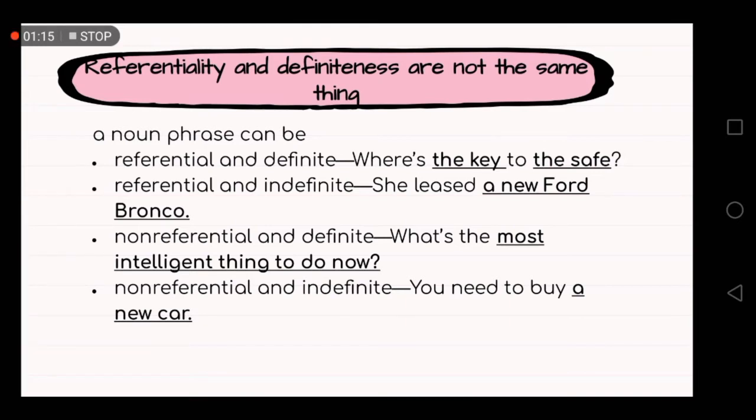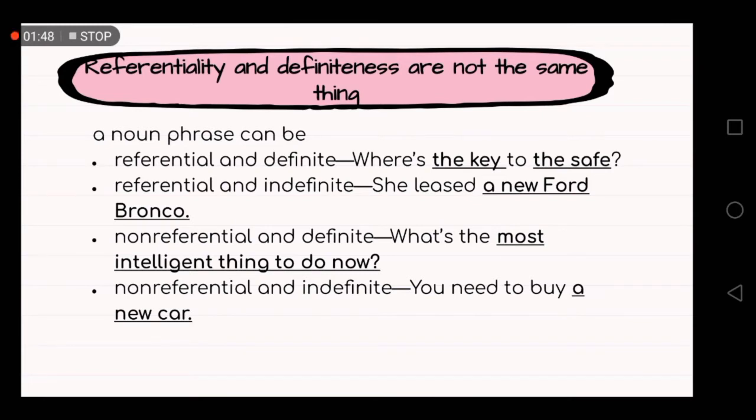Referentiality and definiteness are not the same thing. Referentiality refers to a noun phrase that is pertaining to a particular entity, while definiteness is when the speaker can assume that the addressee can identify the referent. Because of this, a noun phrase can be referential and definite, referential and indefinite, non-referential and definite, or non-referential and indefinite.